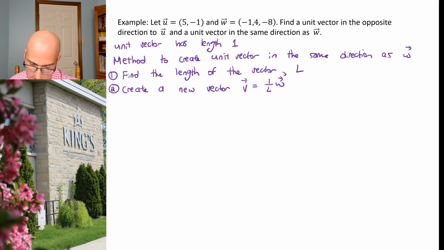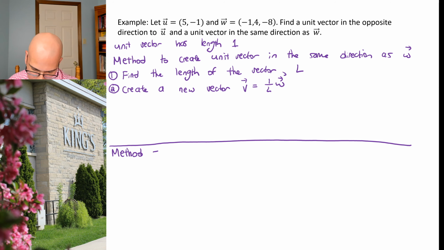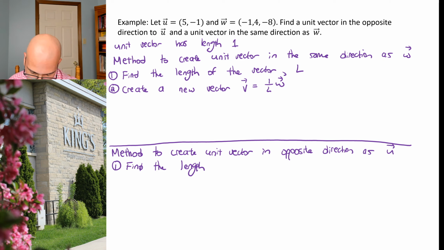Okay, so we'll do that for that one. And the method to create a unit vector in the opposite direction as u: Step 1, find the length L of the vector.